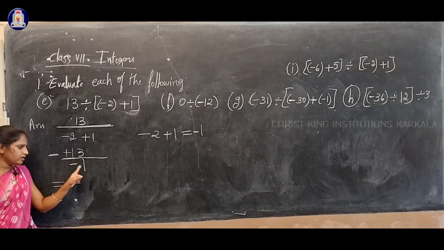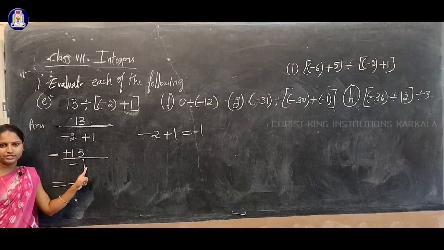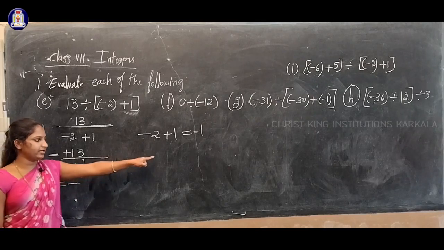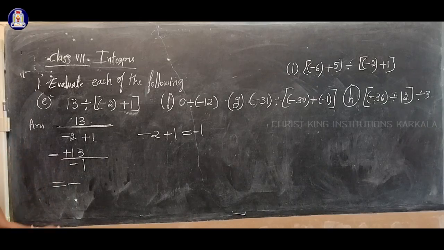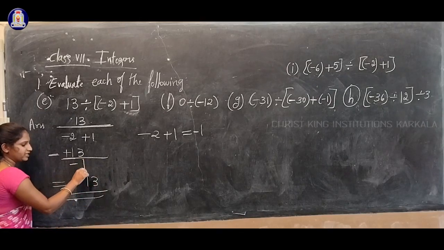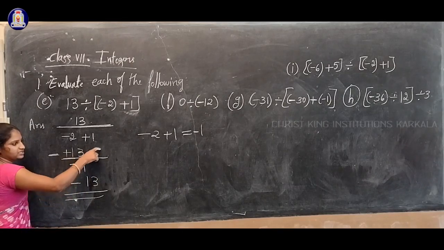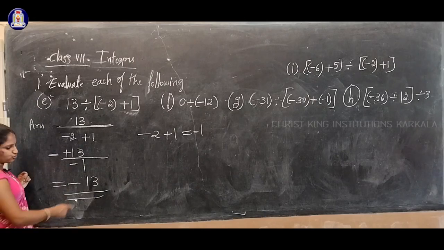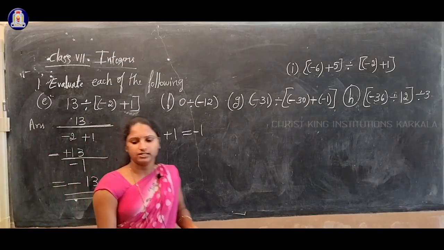Now one is in the denominator, and a divided by 1 is a. So the answer is minus 13. The answer is minus 13.